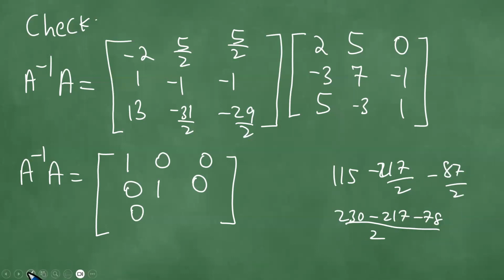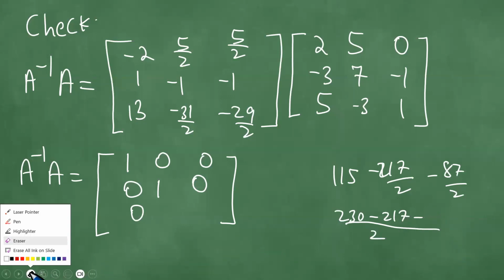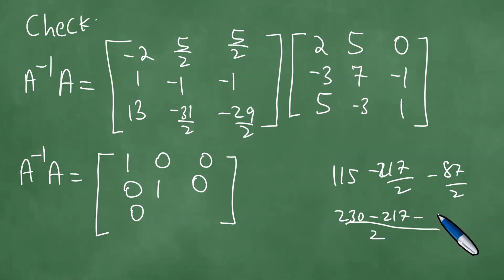Just checking this up. Okay, so if this is 87 here, let's see what we're getting. I'm expecting the result to be 0. Just cross-checking these things here. So that's exactly 230 minus 217 minus 87. Okay, where's the error? If you multiply this, the first one must be 60 plus this.